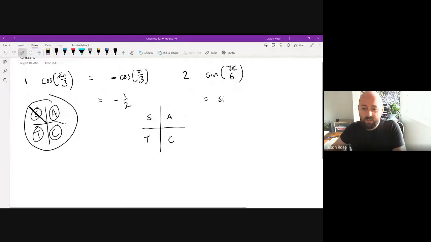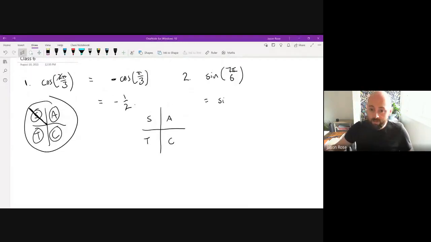Sine of 7 pi over 6. So my thought is, where is 7 pi over 6? Can anybody answer this one for me? Which quadrant? A, S, T, or C? T, very good.